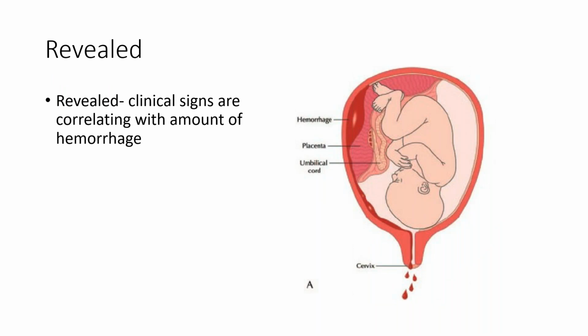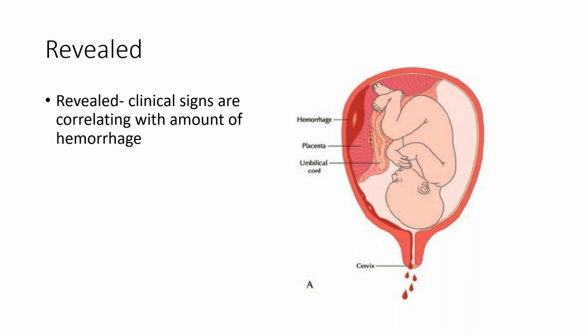Now the revealed one is when there is a space, and the bleed comes out of the uterus and cervix. So you can see the bleeding coming from the cervix, but it also may not corroborate with the actual loss, because the hematoma is there, which you cannot see, and you are only seeing the bleeding or spotting coming out of the cervix.